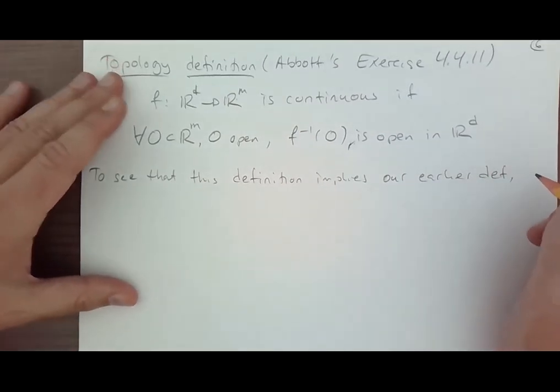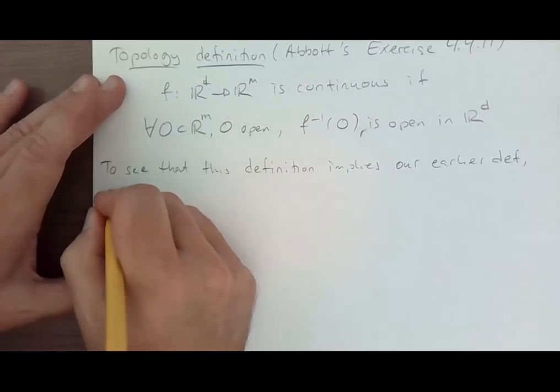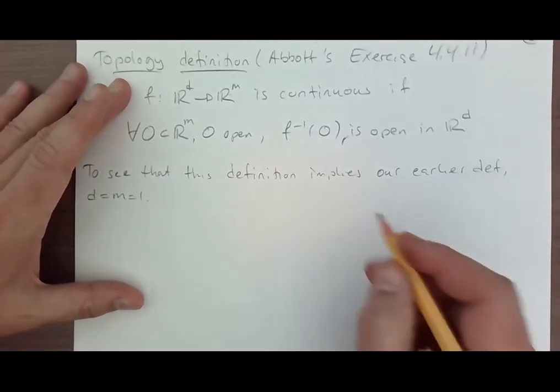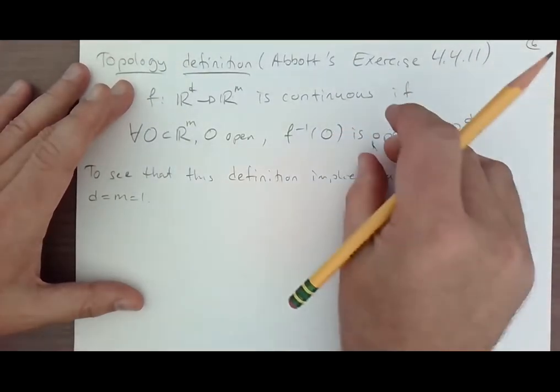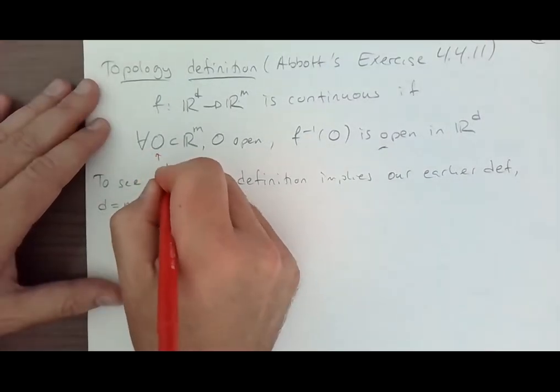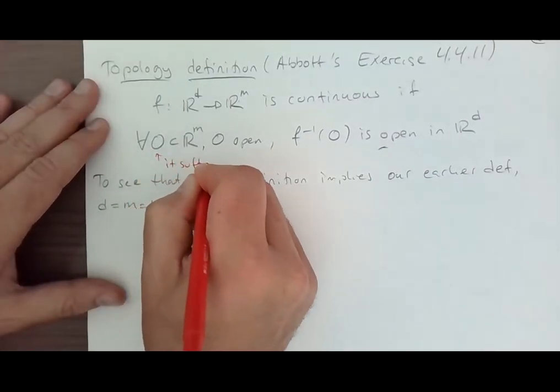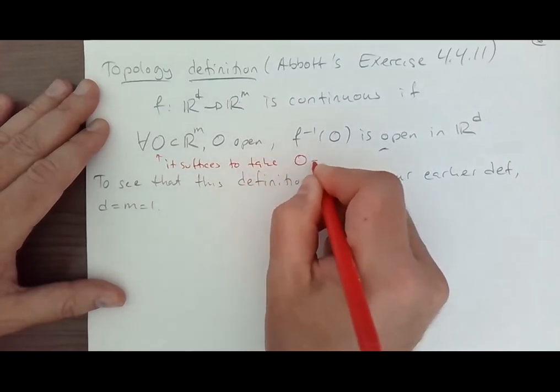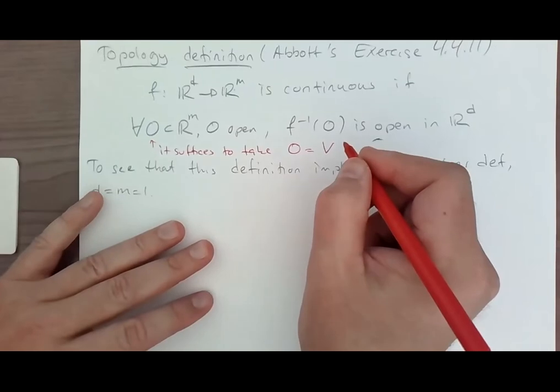Let's take D and M just to be one, and then for this definition here, it actually suffices to take O's to be these neighborhoods.